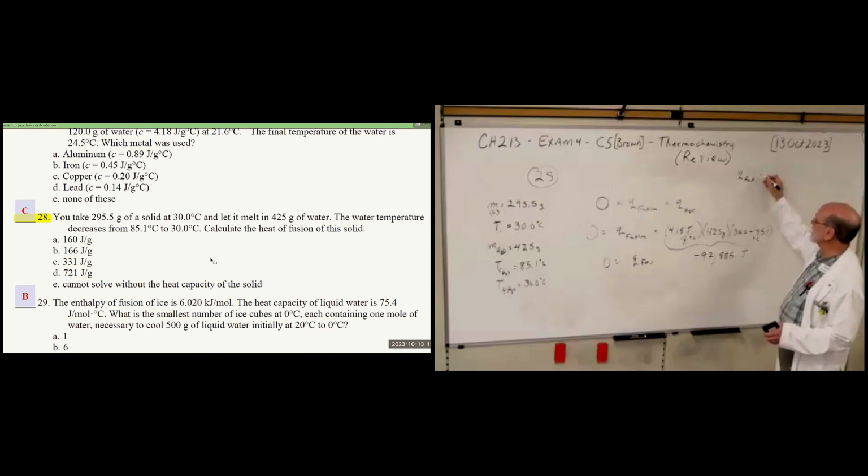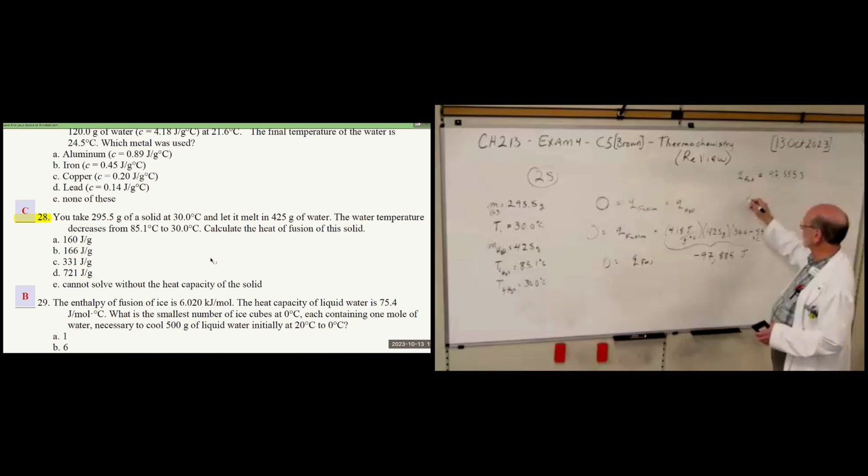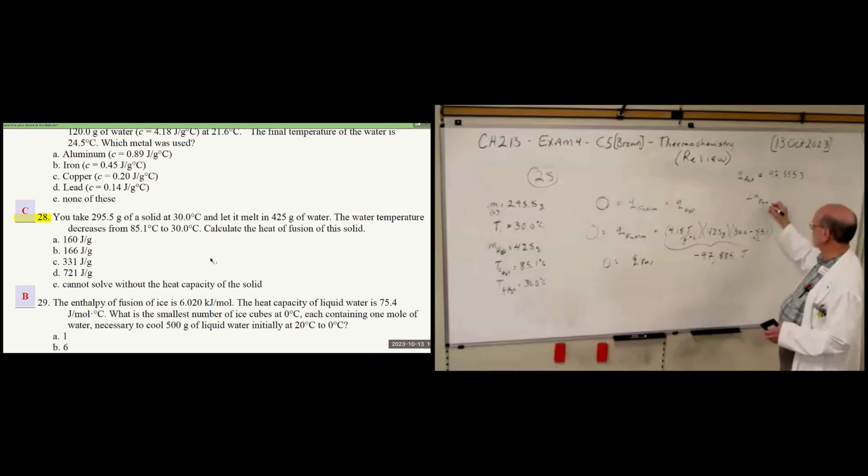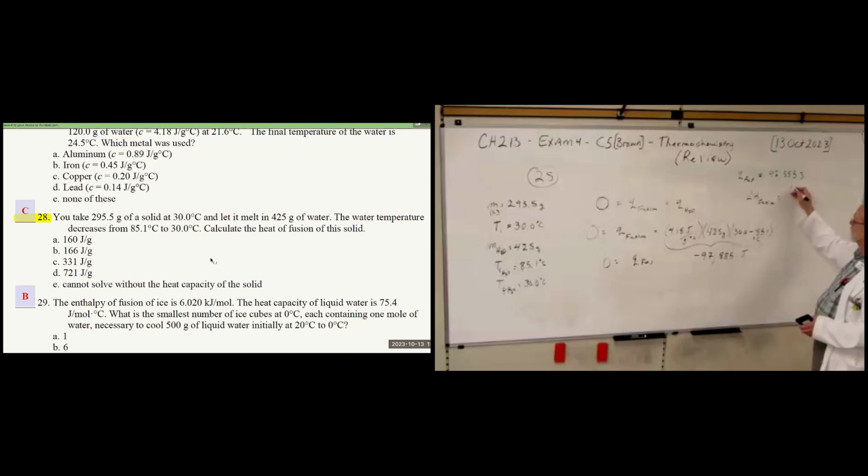So if this is the Q of fusion at 97,885 joules, then the heat of fusion, I'm going to call it delta H of fusion, because they're usually ratio is 97,885 joules per 295.5 grams.